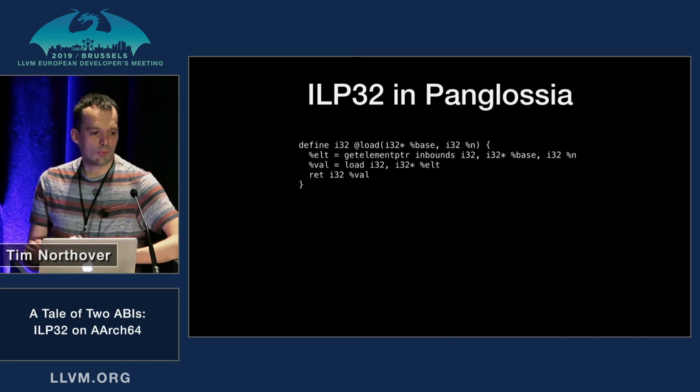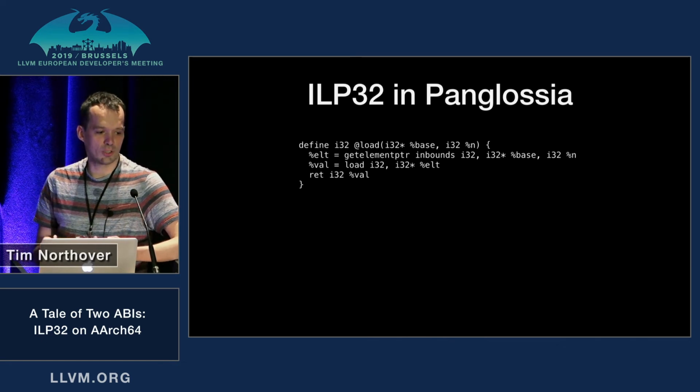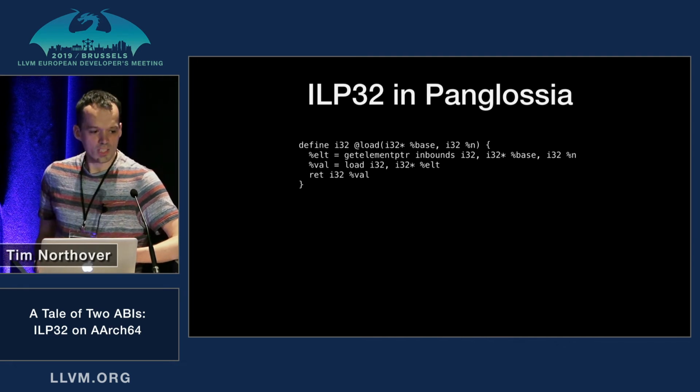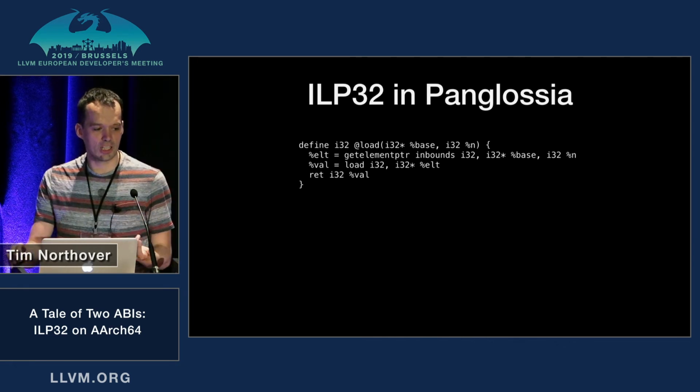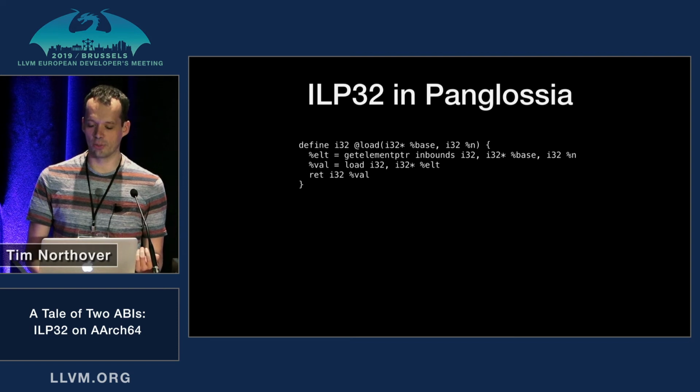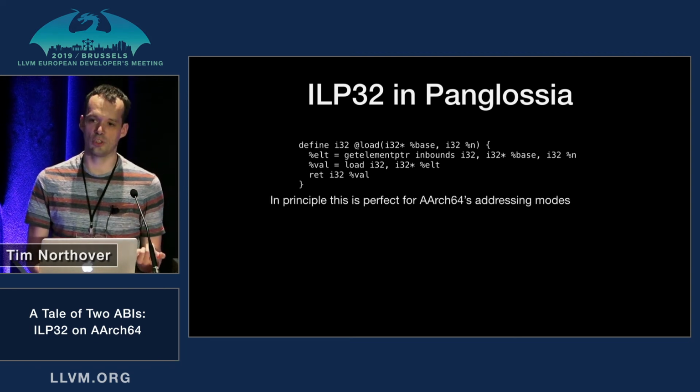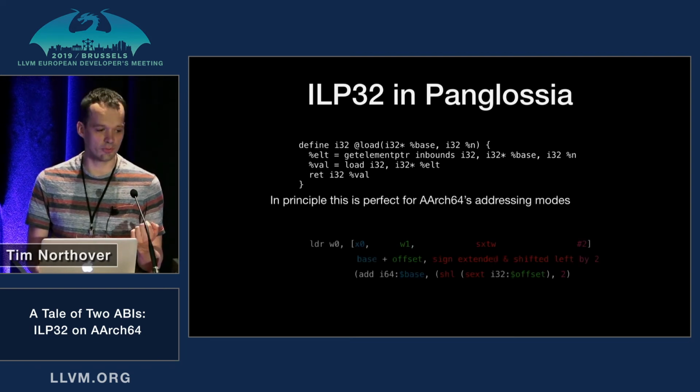So this function here, for example, which takes a base of an array, a 32-bit offset, indexes into the array and returns the element there, it can compile down to just a single function in ARM64, or even with 32-bit pointers.